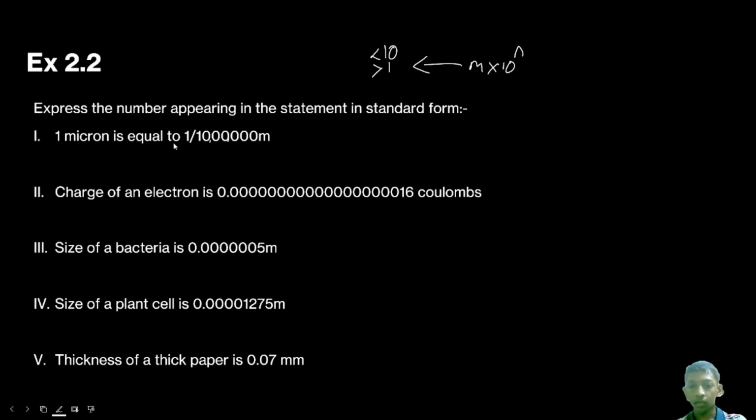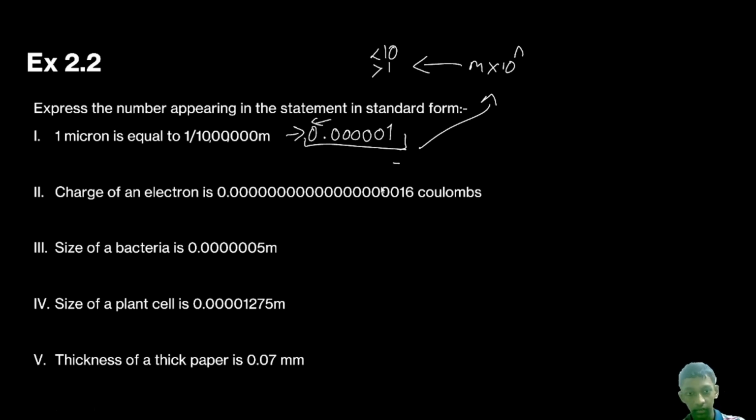1 micron is equal to 1 by 10 lakh meters. So 1 by 10 lakh meters is 0.000001 meters, which is in usual form and we have to convert this into standard form. Since the decimal number is at the left side, we will have a negative exponent.